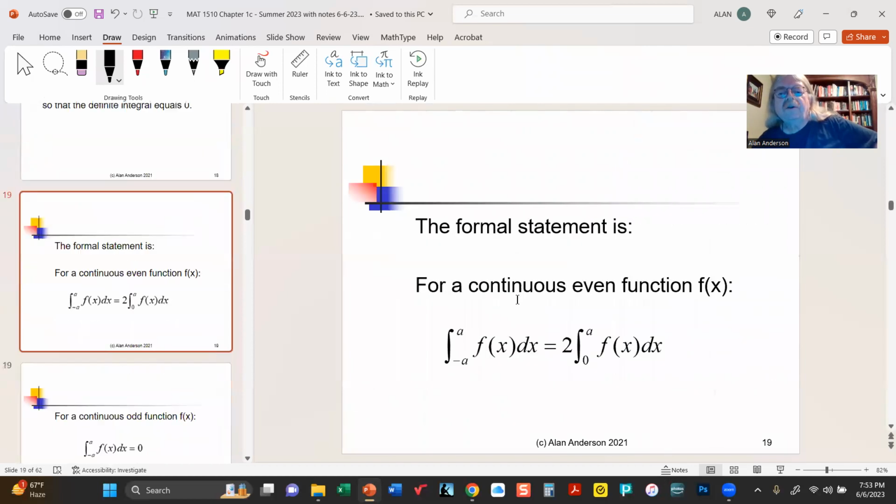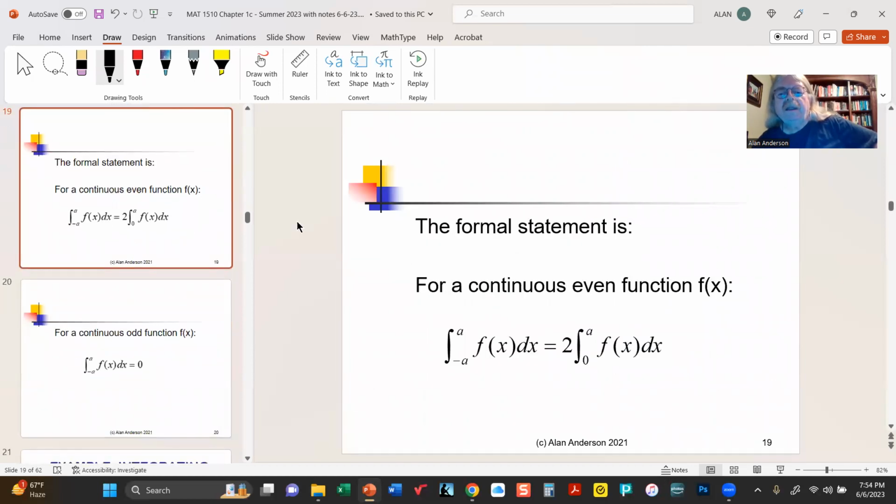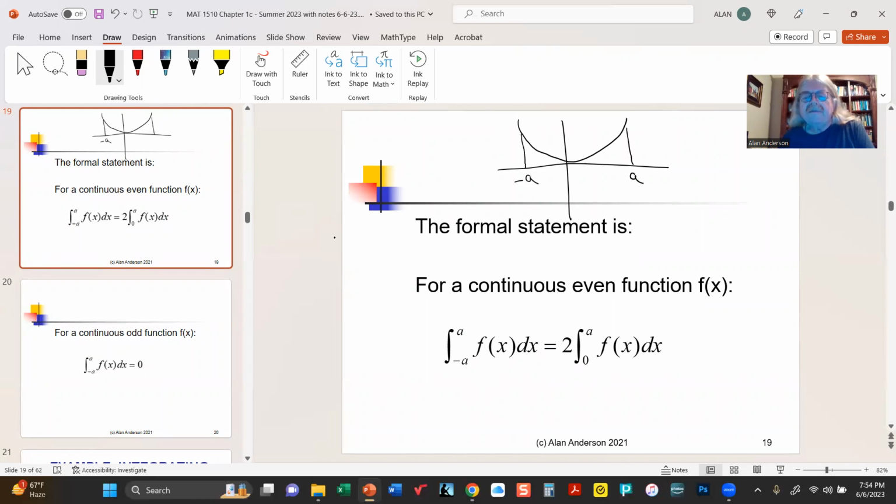Anyway, so what we're going to do here is take advantage of this property of symmetry. Like, let's just use this as our example again. So let's say we're interested in the integral over the range from negative a to a.